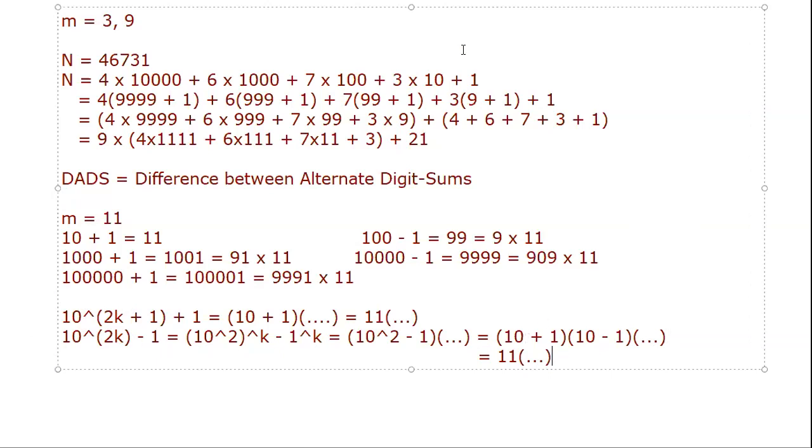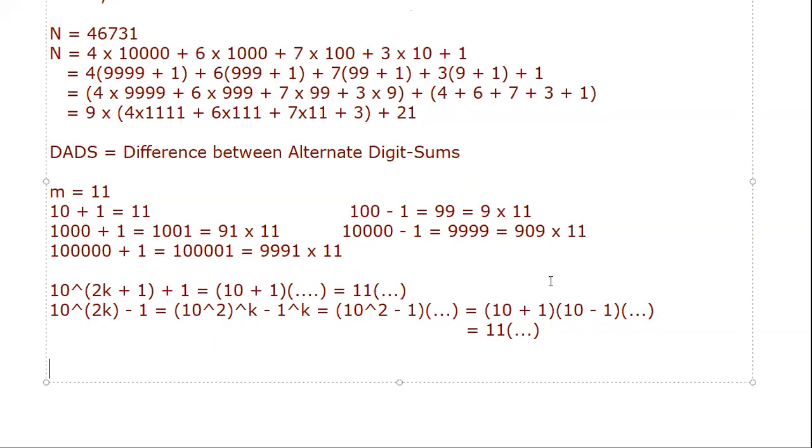So let's look at an example and see how this will work. Let's take n equal to, let's say, 35864. So this is 3 times 10,000 plus 5 times 1,000 plus 8 times 100 plus 6 times 10 plus 4.